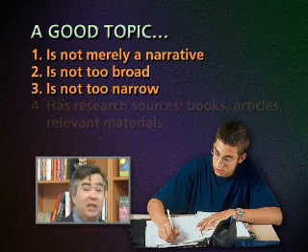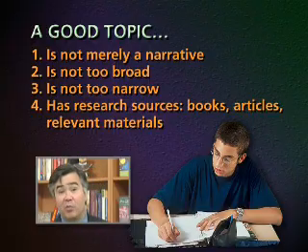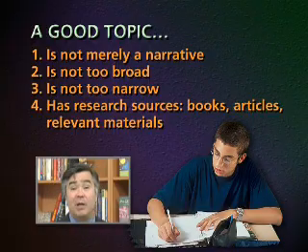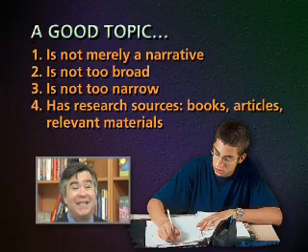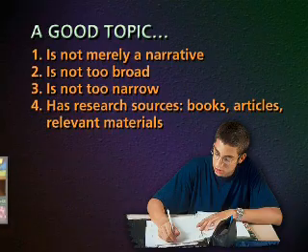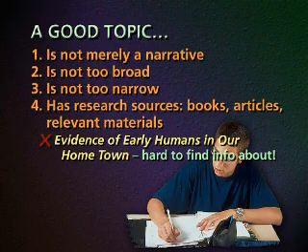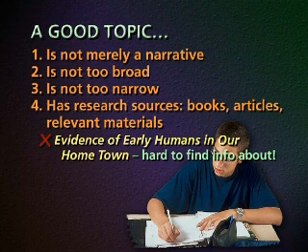And a good topic has research sources, books, articles, and other relevant materials that can help you learn about the topic. So, for example, suppose you were writing about early humans in the Americas for an anthropology course. A topic like evidence of early humans in our hometown might be very interesting and fascinating, but background material about it is probably not available unless your hometown happens to be one where many archaeological sites have been found.